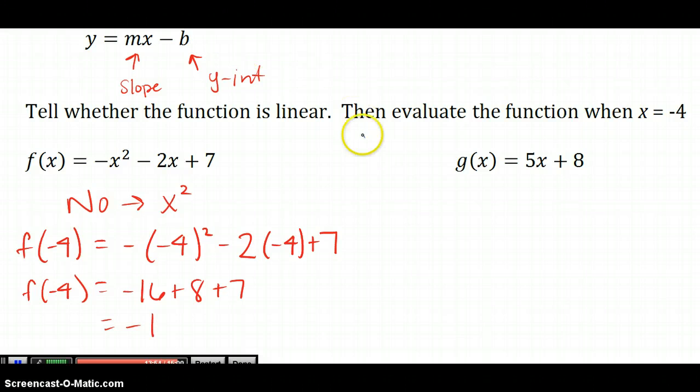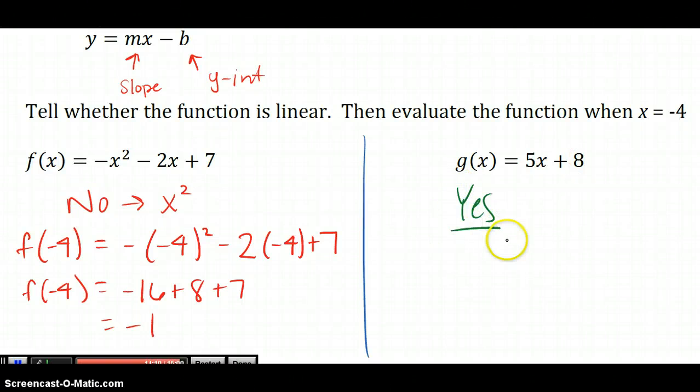In my second example over here, the g of x, tell whether this is a function, or I'm sorry, a linear function. Yes, it is linear because it just has a number times x plus or minus a constant. So yes, this is linear. And evaluate it at negative 4, so we plug in negative 4 for x.